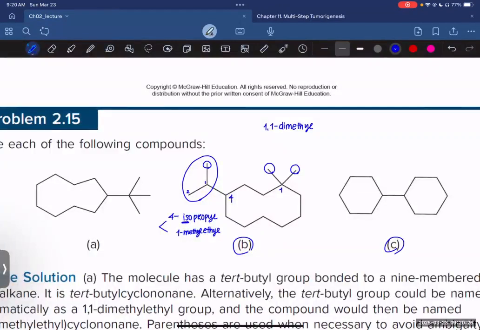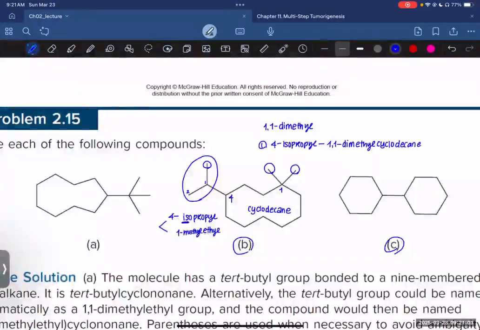If we look at the entire number of carbons in this cycloalkane, it has 10 in total, so it ends in cyclodecane. Using the common name, iso, I, comes before the M, so it's 4-isopropyl-1,1-dimethylcyclodecane.